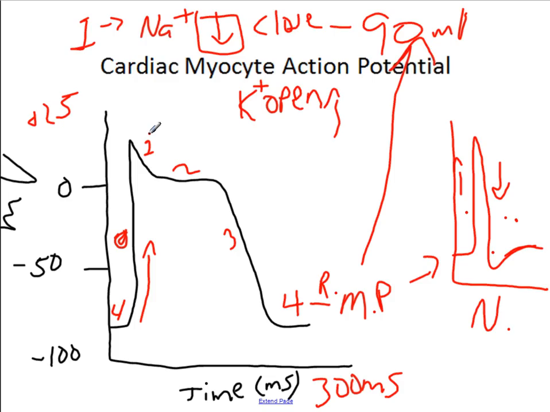Once we get back to about 0, those other channels, the calcium channels, are going to open. This is going to cause an influx of calcium. Because we have basically equal amounts of these positively charged currents moving into and out of the cell, potassium out and calcium in, there won't be a whole lot of potassium moving out.